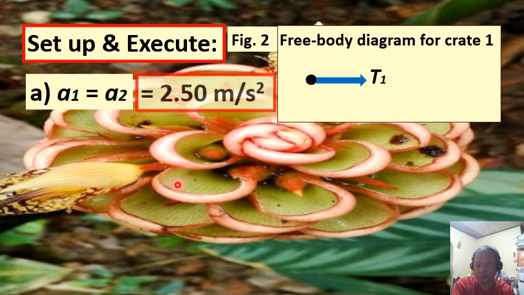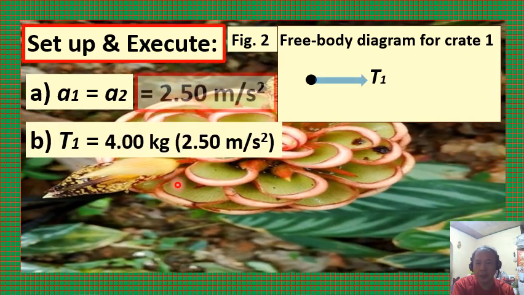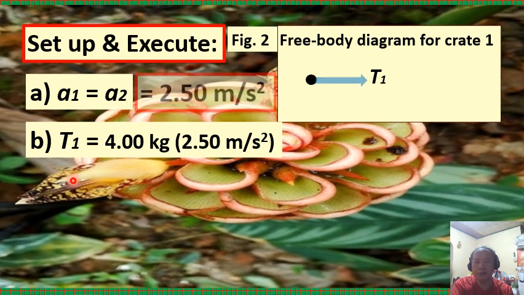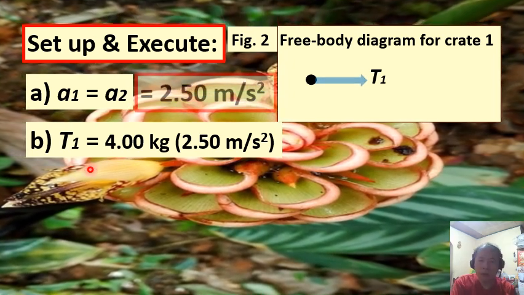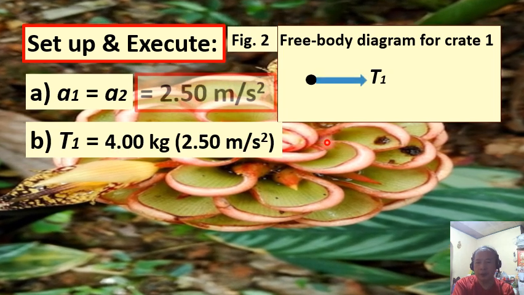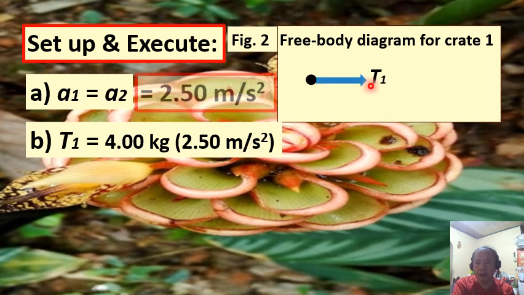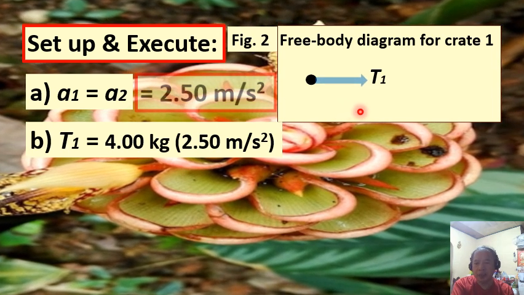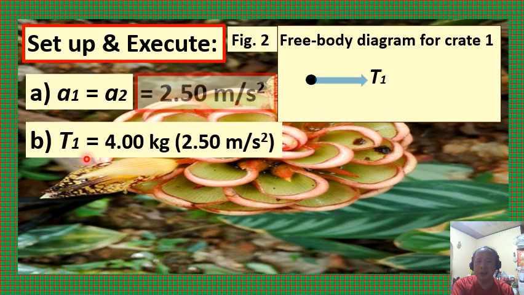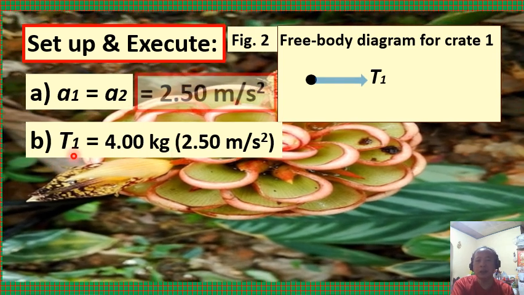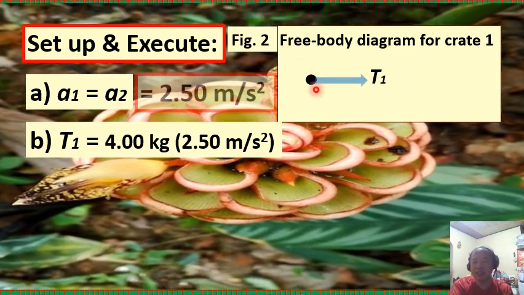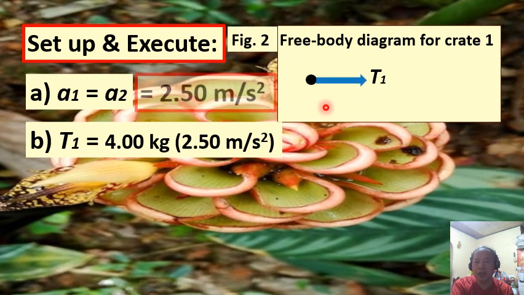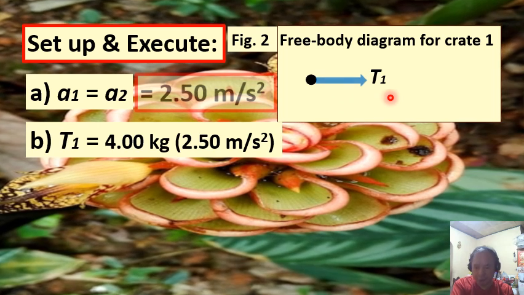And in part B, we are asked to give the magnitude of the tension force T sub 1. Since this is the only net force acting on crate number 1, it is already considered the net force, the net force that tends to accelerate crate number 1 in the same direction as the net force.